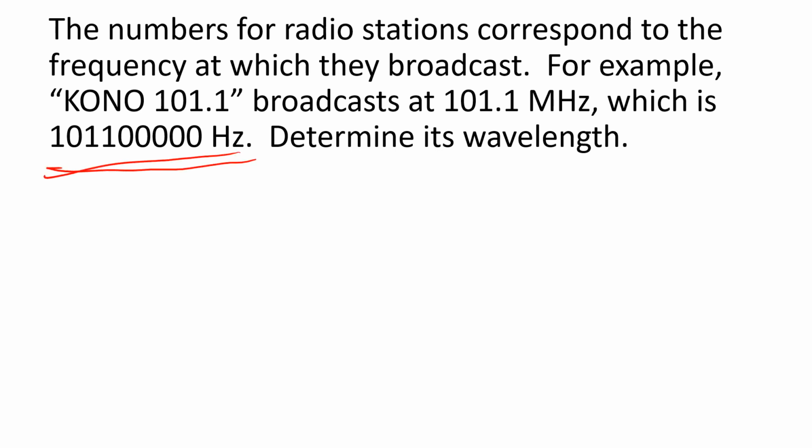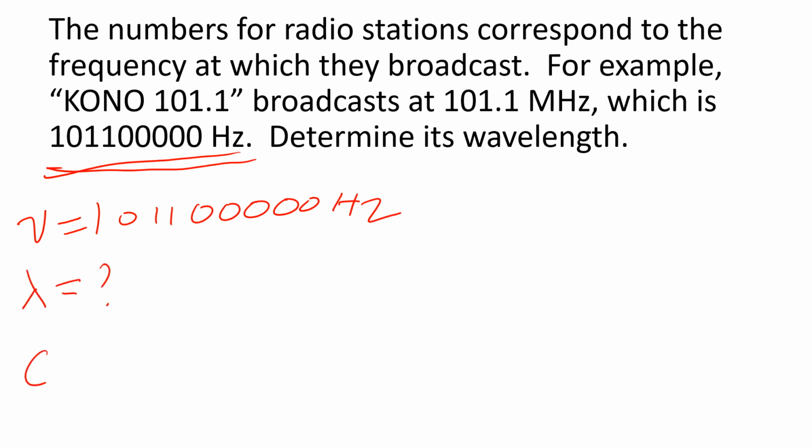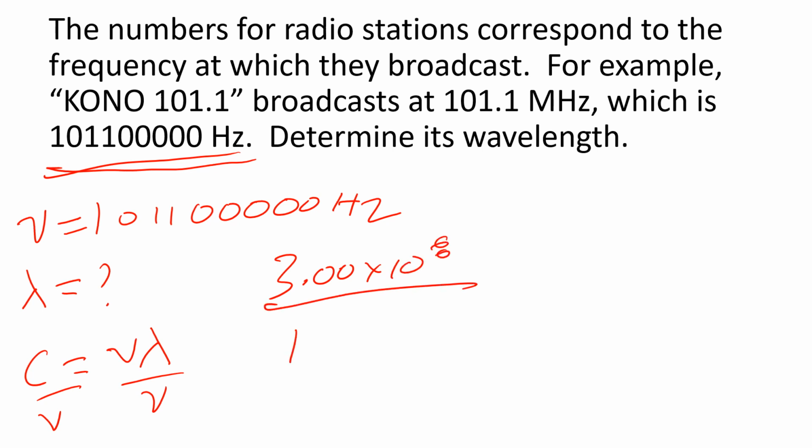What is its wavelength? So I give you a frequency of 101150 hertz. My equation is going to be c equals wavelength times frequency. Isolate to solve for wavelength, divide both sides by frequency. 3.00 times 10 to the 8 over 101150 equals wavelength.